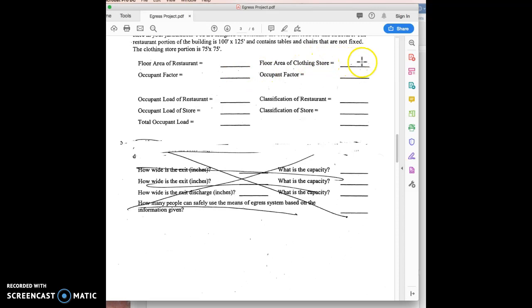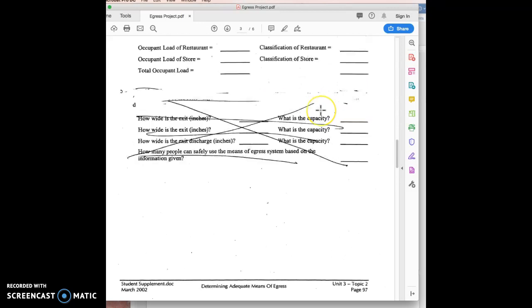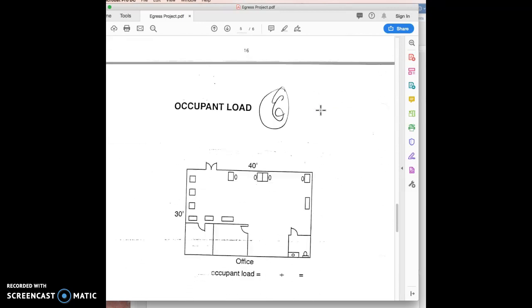Then the floor area of the clothing store is 5,625 divided by 30. The occupant load of the restaurant then would be 834. The store, 188. Total of 1,021.5. We round that up because we don't cut people in half, and so we get 1,022. And then I already told you the other part. And I told you this one.